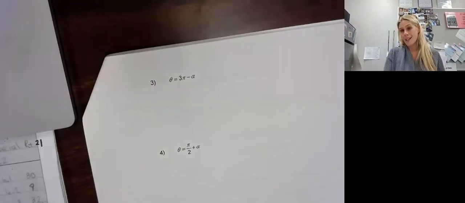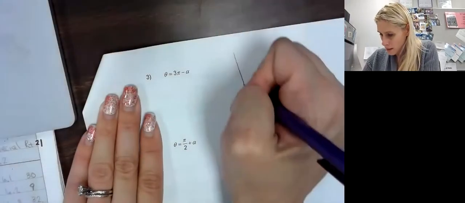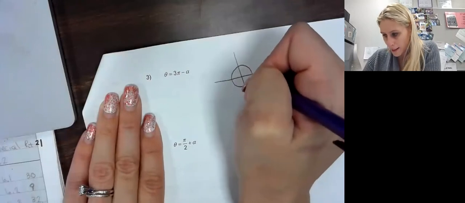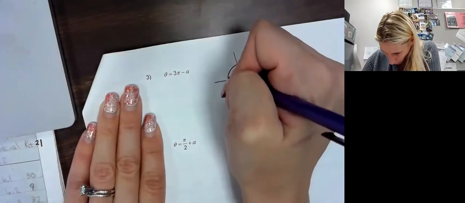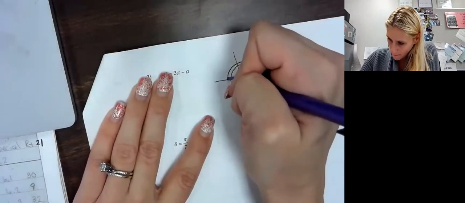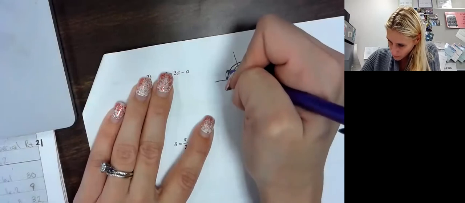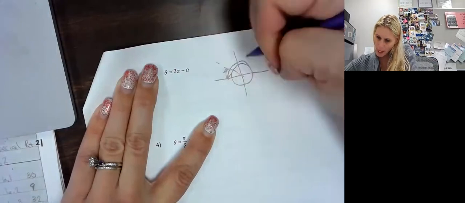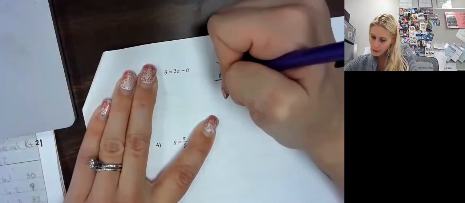One more. 3 pi minus alpha. Okay, let's draw that out and see what it looks like from here. So there's 2 pi, 3 pi, but we are subtracting, so we're going backwards. But as you can see, since we went backwards, this is alpha.